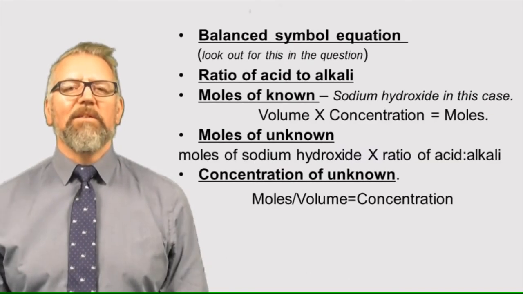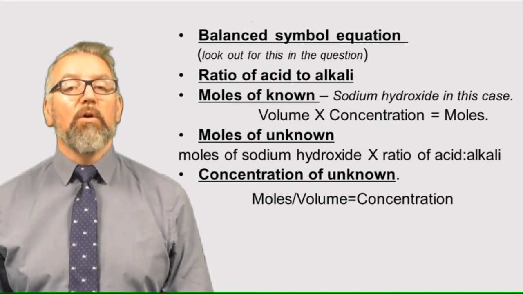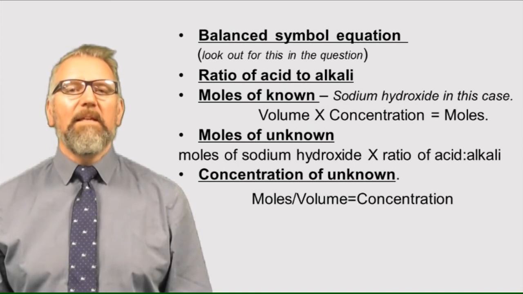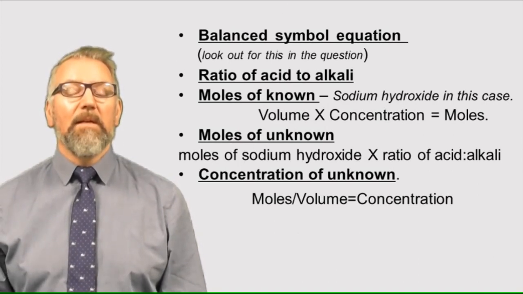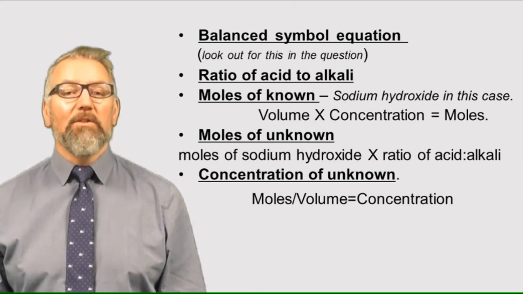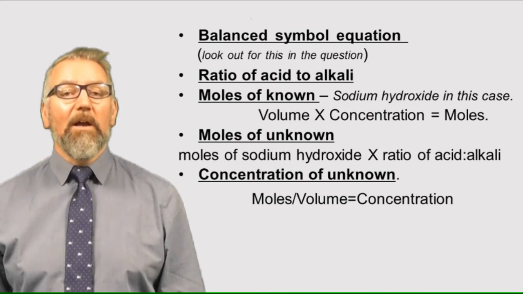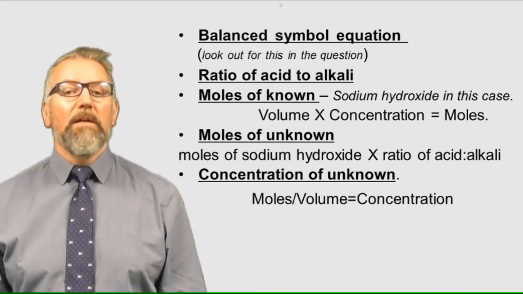In the second question, this is in 2 parts. We need to be confident with the term concordant results. We then need to be confident with how the concentration is calculated. Remember those 5 steps. Step 1, balanced symbol equation. Look out for this, it will be in the question. Number 2, the ratio of the acid to alkali. Number 3, the moles of known sodium hydroxide.